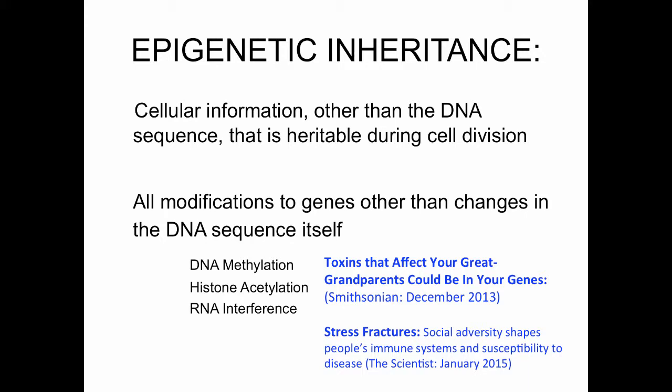That's a fascinating article that even talks about how people in the concentration camps in World War II could have been under such adverse conditions of stress that it would have negatively impacted their immune systems and could have led to subsequent disease in later generations.